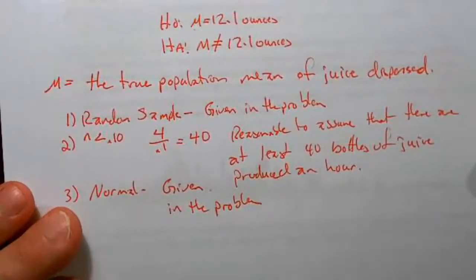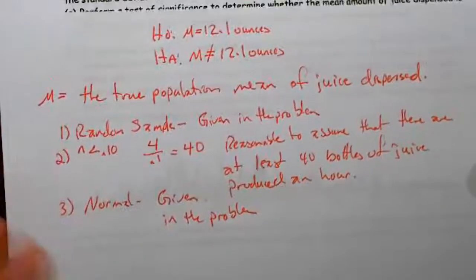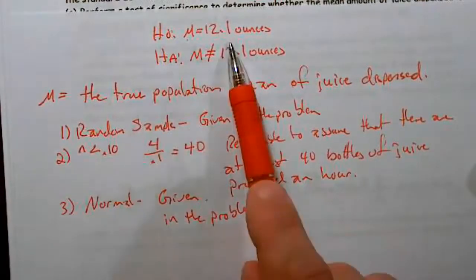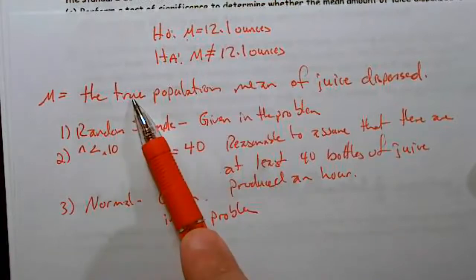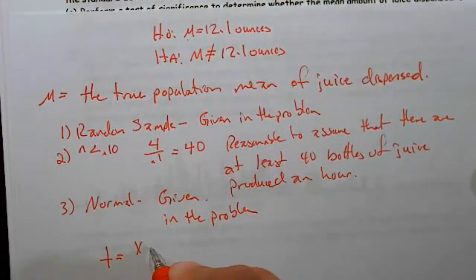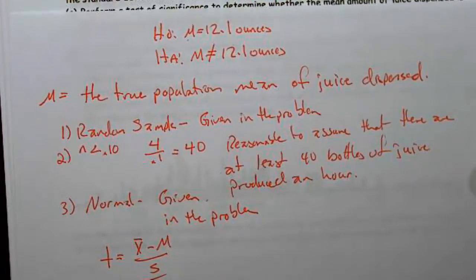All right, so the next thing I need to do is, I've written the hypothesis statements, I've defined my variable, I've done my conditions. I need to write my formula. Well, this is a one sample t, so t equals x bar minus mu over s divided by the square root of n. And in this case, we know x bar is 12.